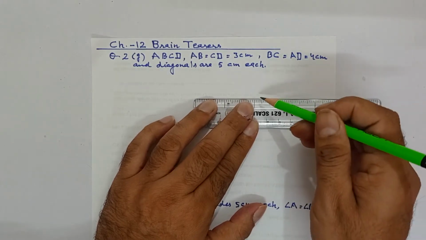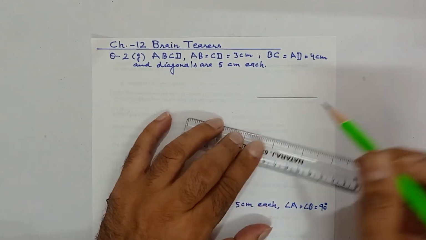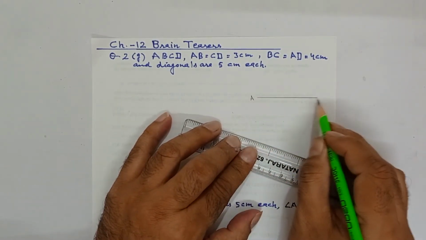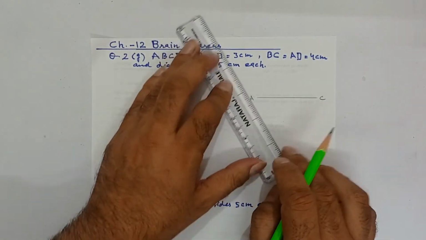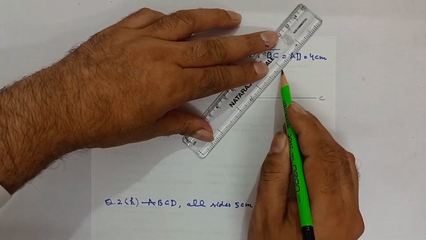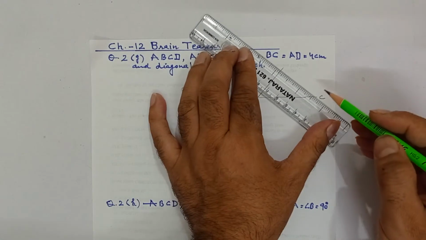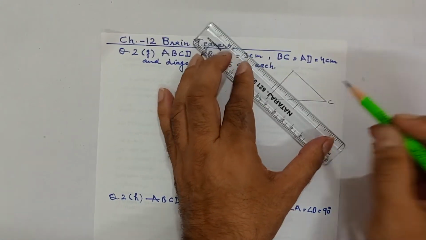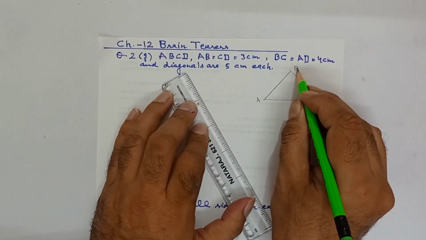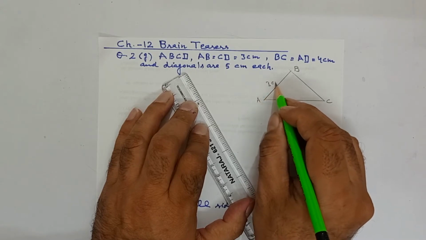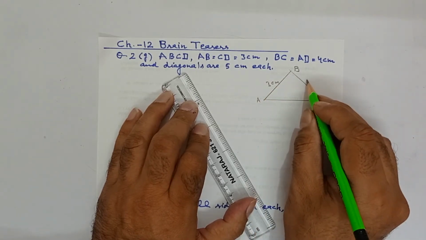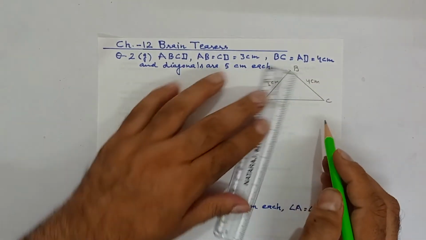So first I am making a rough sketch. Let this diagonal be AC. AB is 3 centimeter and BC is 4 centimeter.